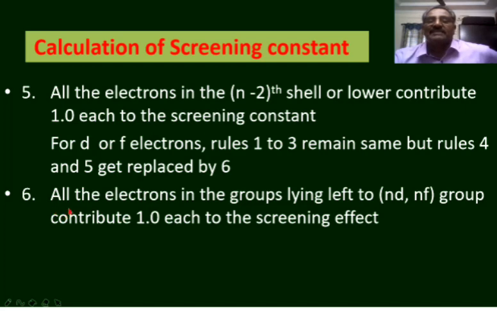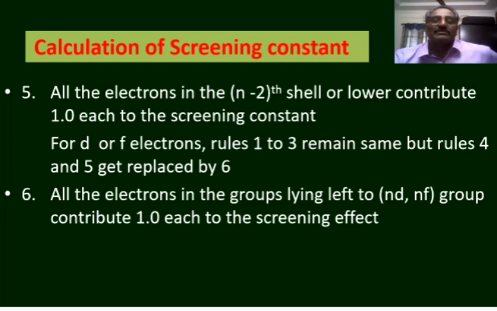The sixth rule is all the electrons in the groups lying left to nd nf group, including ns np also, contribute 1.0 each to the screening effect. So the rules 4 and 5 are to be replaced by rule 6 in the case of d and f electrons.